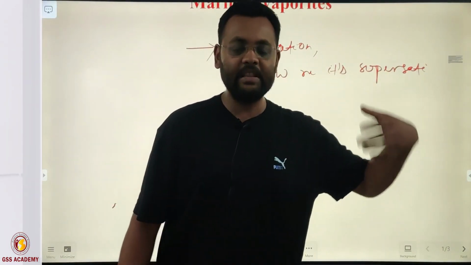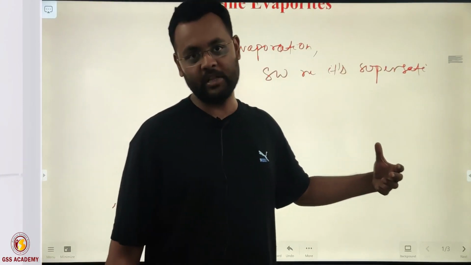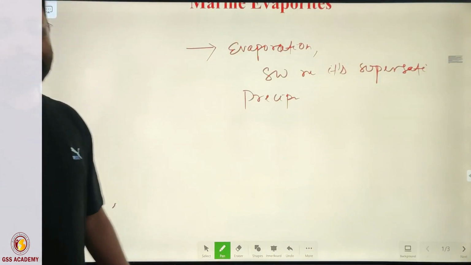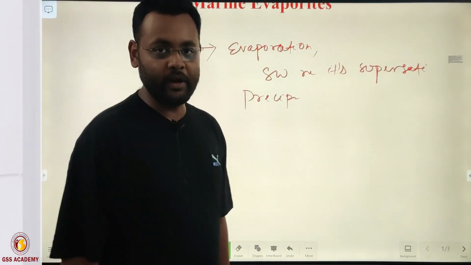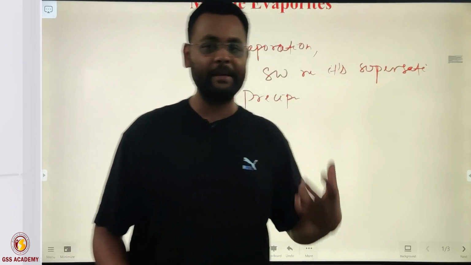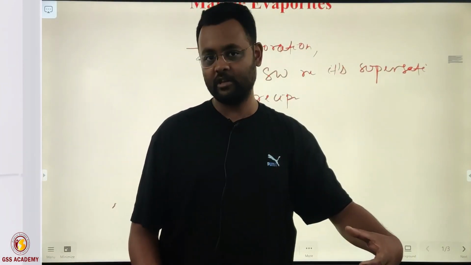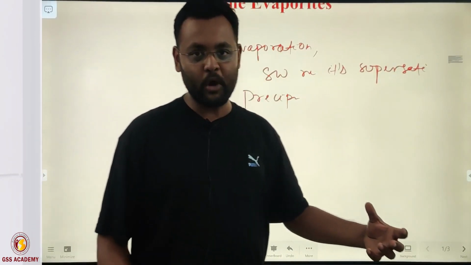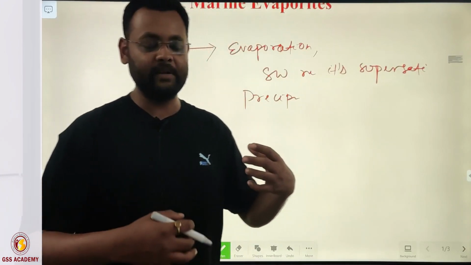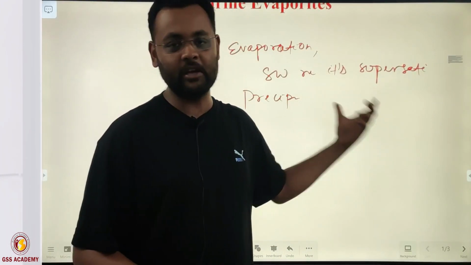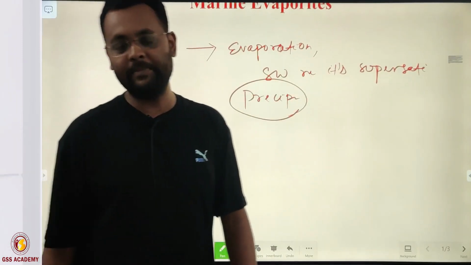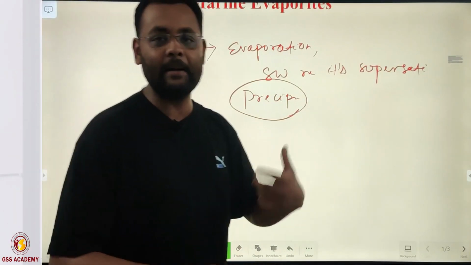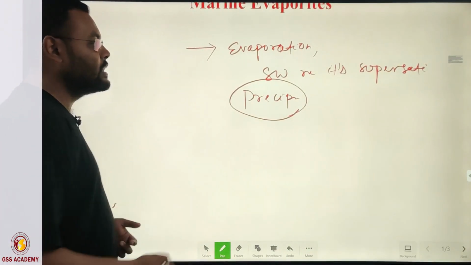We all know that if the salinity increases beyond the supersaturation point, precipitation of the mineral starts immediately. So if the salinity increases further through the same evaporation, there will be immediate precipitation of the evaporites.